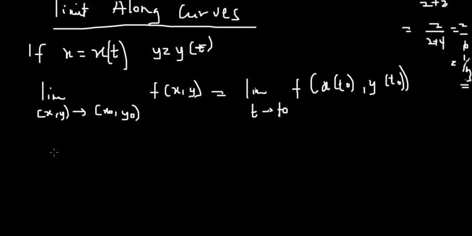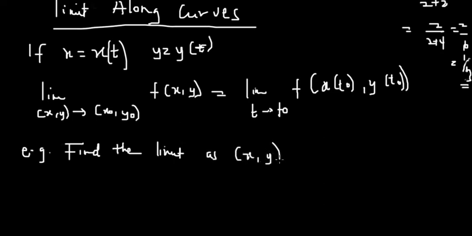So let's take an example: find the limit as x, y go to 0, 0. This is what I was referring to: you'll be given x, y and then their functions. Right, let's proceed.